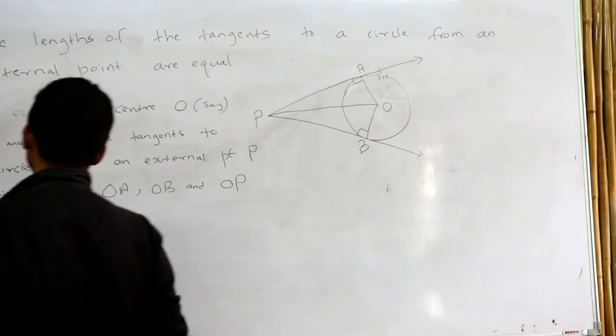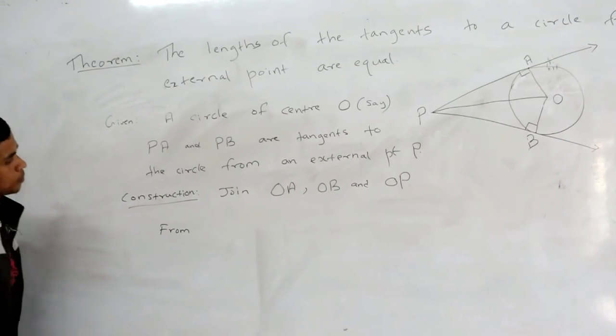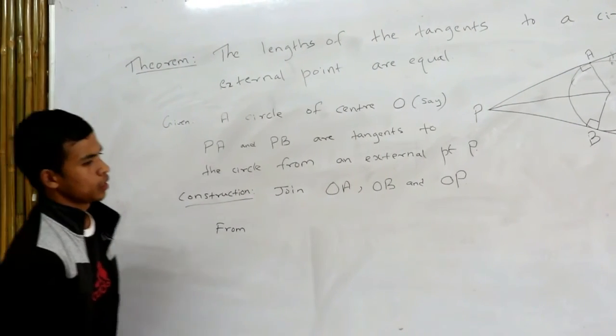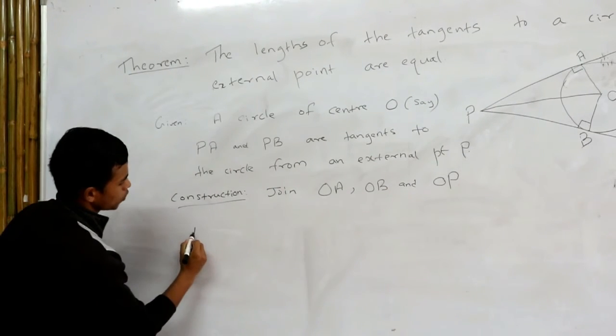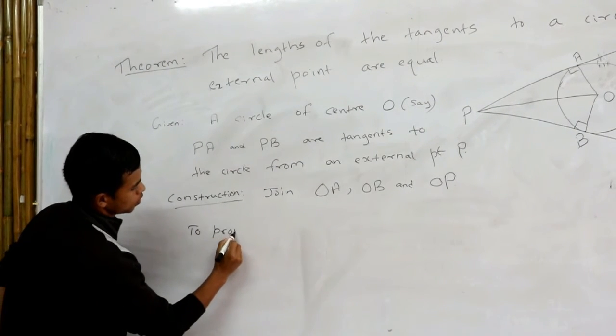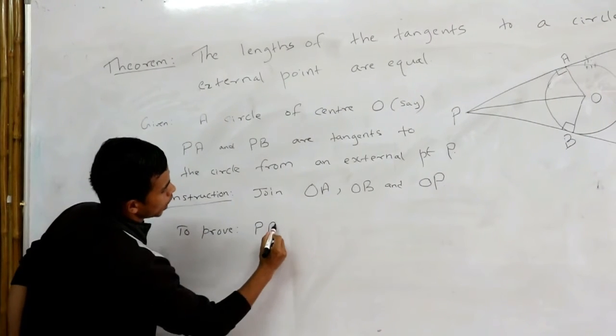So from these two triangles we have, first of all, we will write down here what we have to prove: that the lengths of the tangent are equal.